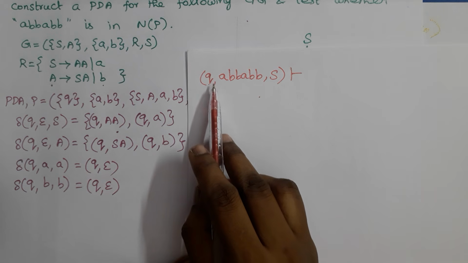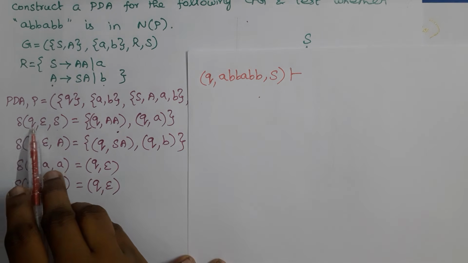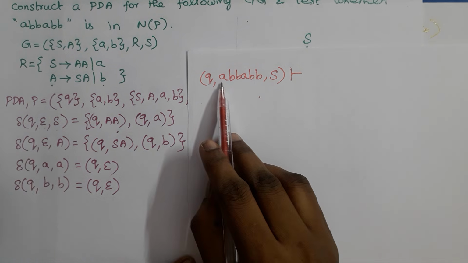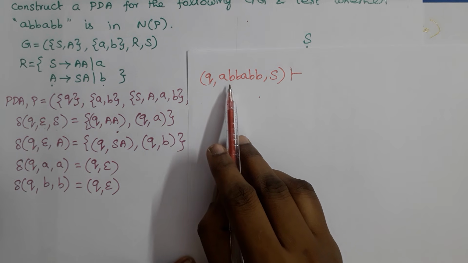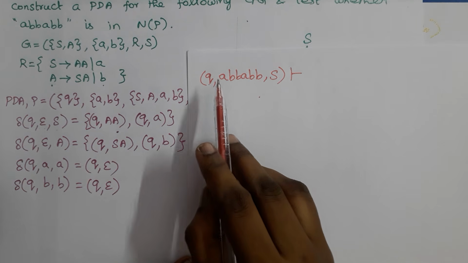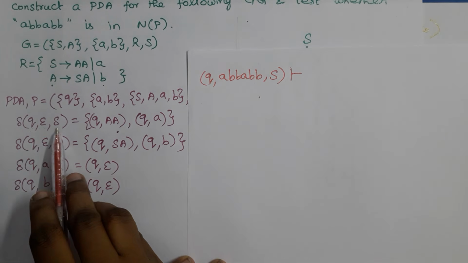So (q, ε, S) is a transition function. If epsilon is considered as the input in the transition, then the input symbol must not be removed from the input string. If an input symbol is considered, then it should be removed from the input string. So now δ(q, ε, S).